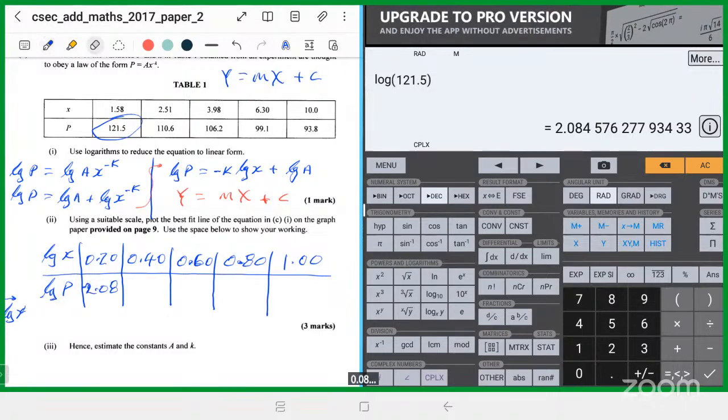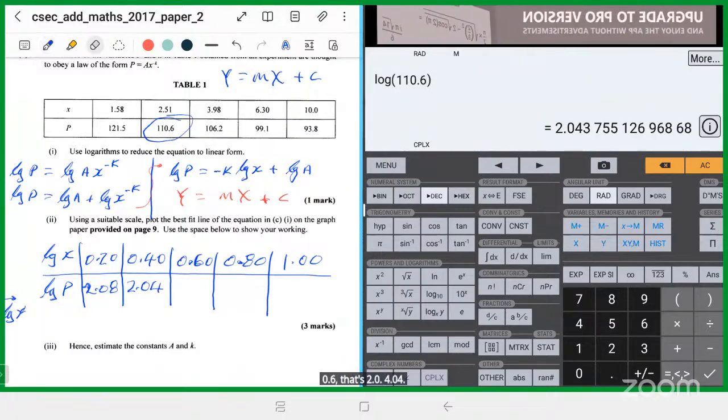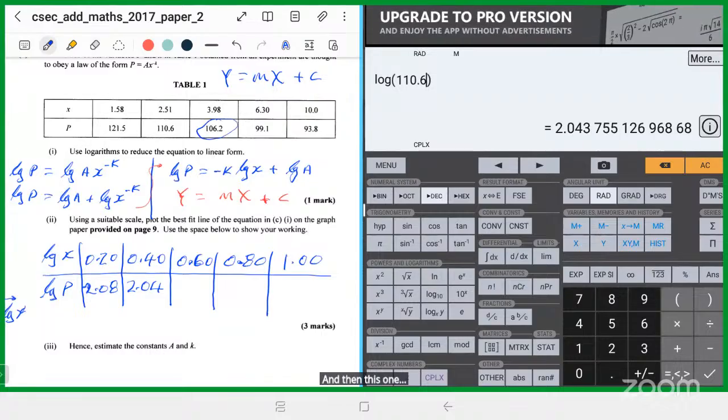And then this one, 110.6. That's 2.04. And then this one here, that's 106.2.